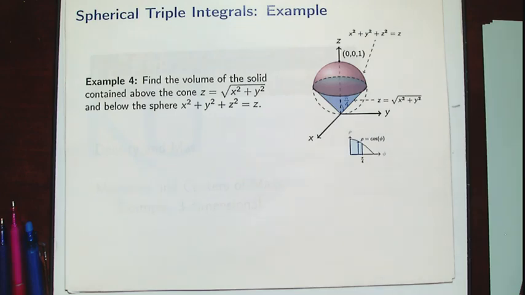So if I'm computing the volume, what should the integrand be? Integrand for volume in a triple integral. 1. So wait, first one is out, first and second are out, Jacobian is gone.